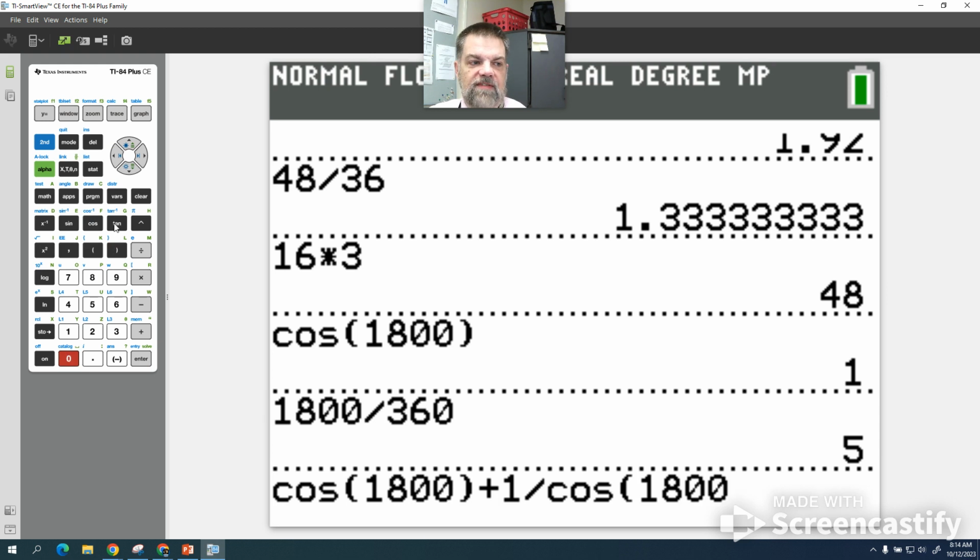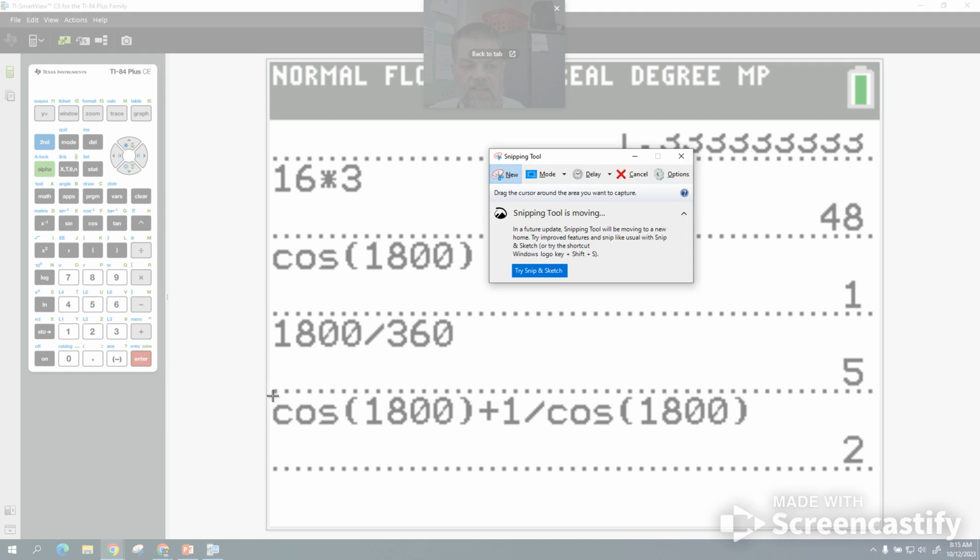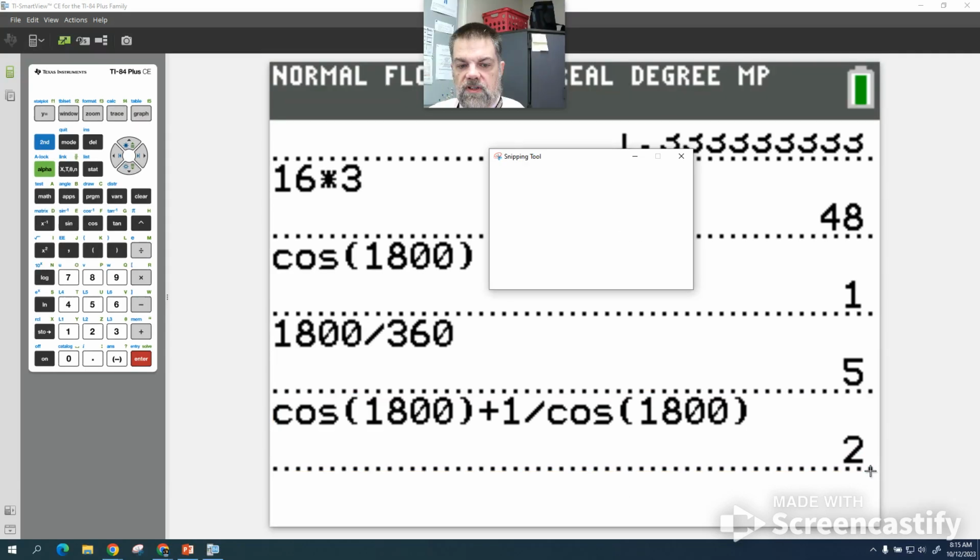Because that's how we have to plug it into our calculator. It's the reciprocal. Okay, so let's copy and paste that in there so you guys can see how to enter that in your calculators.